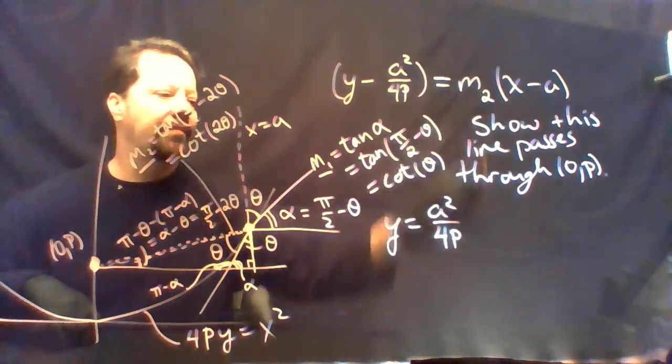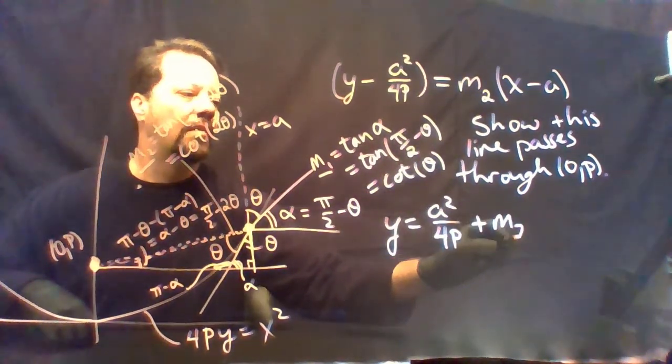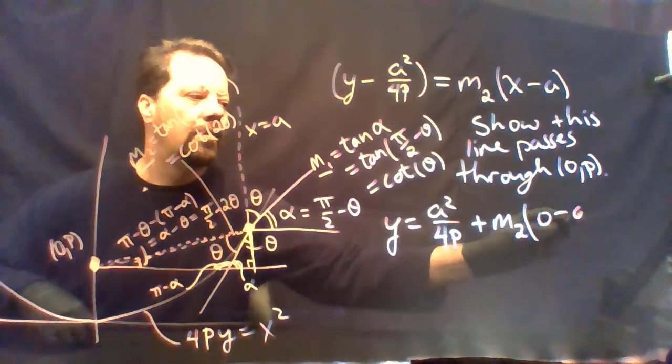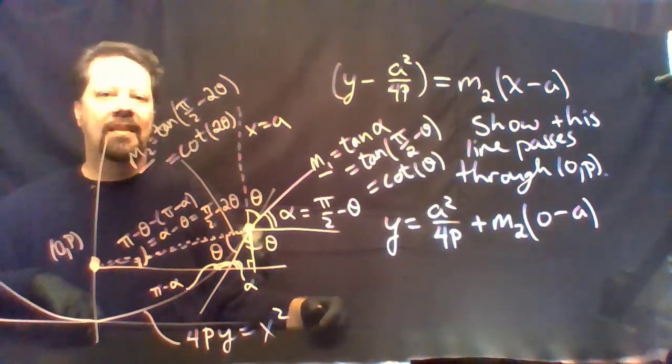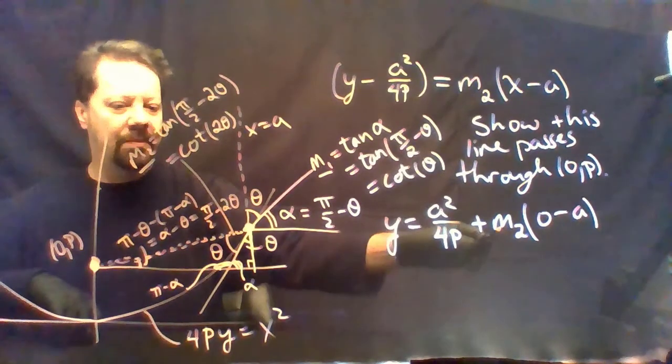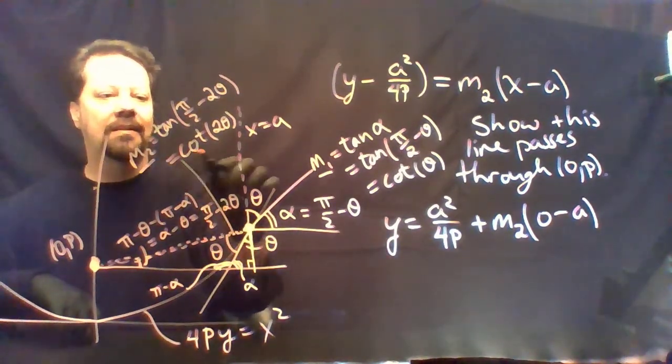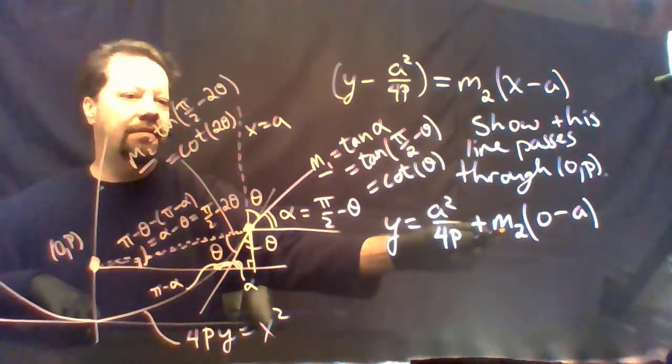Moving this term over, we have this expression where m2, you will recall, is the cotangent of 2 theta.